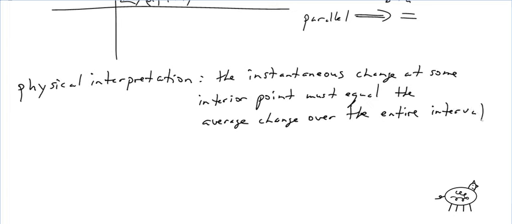So the instantaneous change at some interior point has got to equal the average. Okay, so someplace on there.